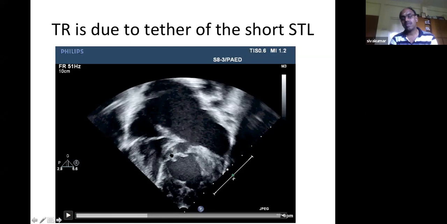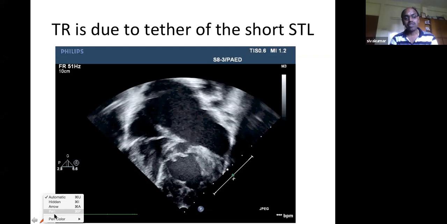This is the septal tricuspid leaflet. Ideally, how the septal tricuspid leaflet should have come, it should have been in this plane. But here it is in this plane.